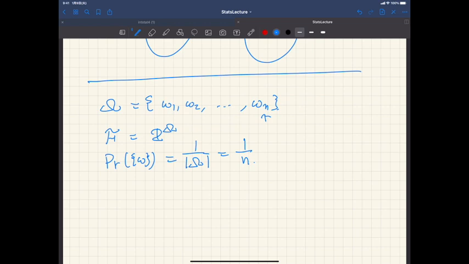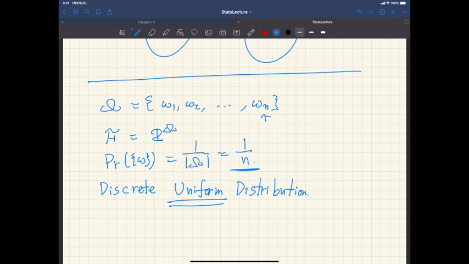This is called discrete uniform distribution. It's called uniform because this is a constant value. It doesn't depend on which point we are looking at.